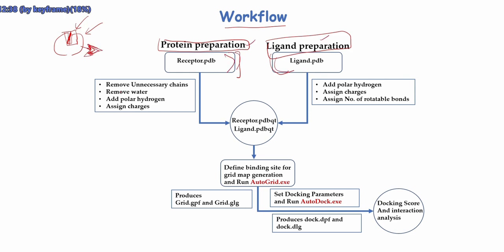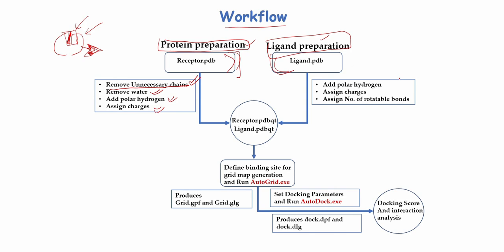And then we have to remove unnecessary chains that are not required for docking, remove the water molecules, add polar hydrogens, and assign charges. Same thing for the ligand. For the ligand also, you have to add polar hydrogens, assign charges, and assign the number of rotatable bonds.